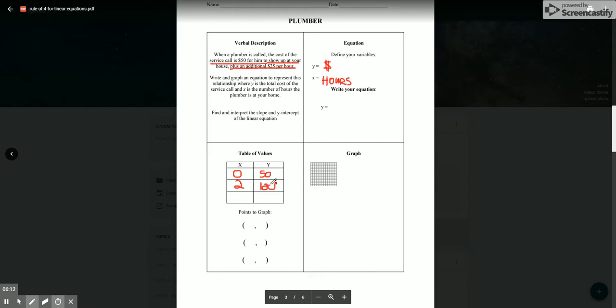So that's going to be 100. And another 2 hours, that'll be another $50 on top of the 100, so that's 150. We've got 0, 2, 4, and of course this point right here, where x is 0, that is our y-intercept.